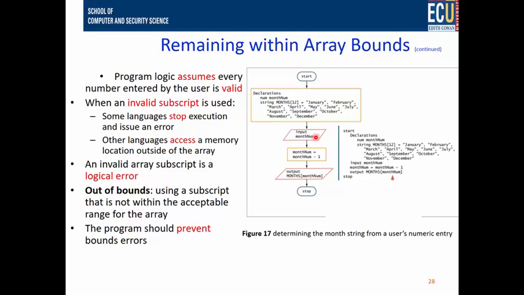Everybody knows that months go from 1 to 12, and you don't expect the user to enter 13 or 14, but the user may enter 13 or 14, and if they do, it may result in an error in your program, or it may result in a garbage value. So you have to be very careful when you are traversing arrays in your program. You should have some validation in your program in order to avoid these scenarios.